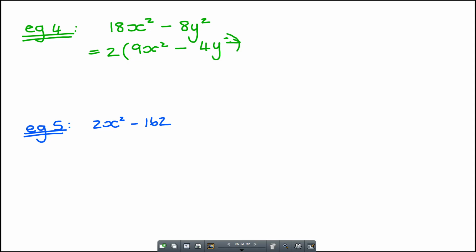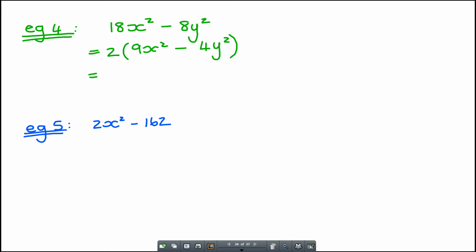Okay, and if we now look at my bracket, have I got two terms? Yeah. Minus in between? Yes. Can I get square root of 9x squared? Yes. And a 4y squared? Yes. So it means that that can be factorized further. Now, what about this 2 in front? It stays there.